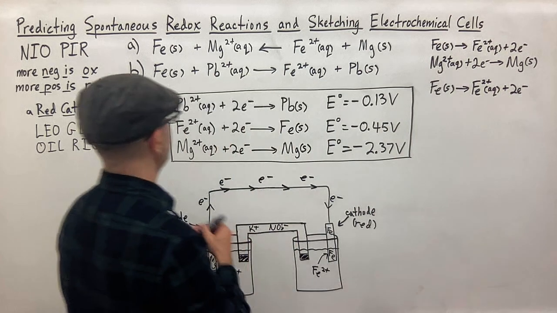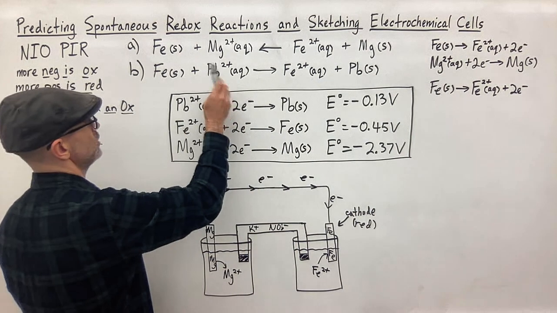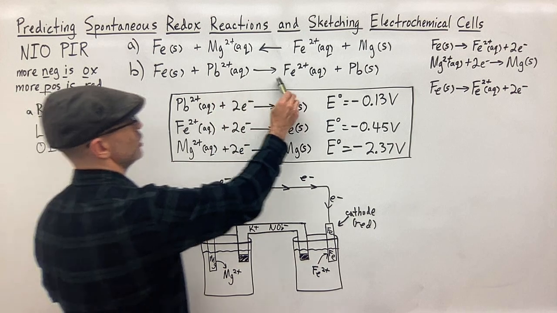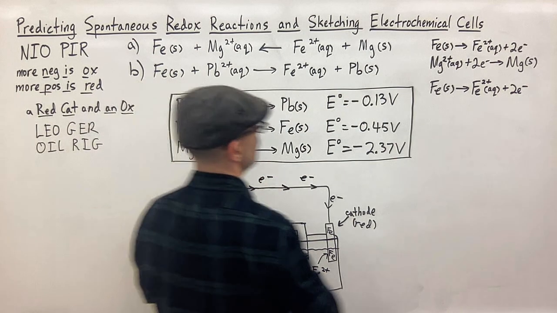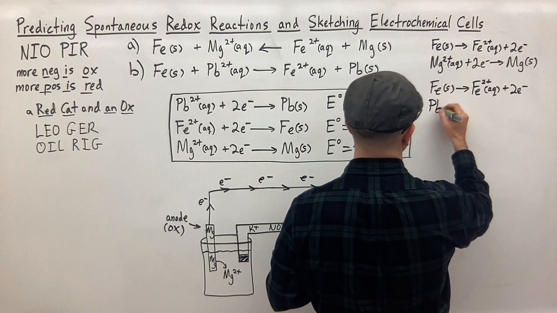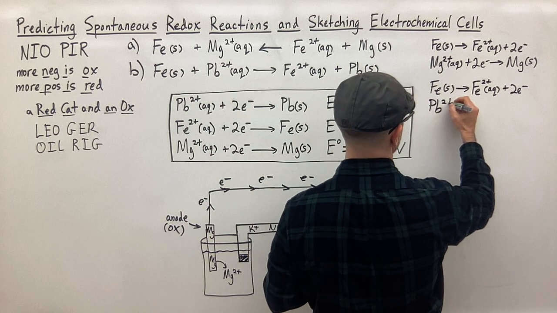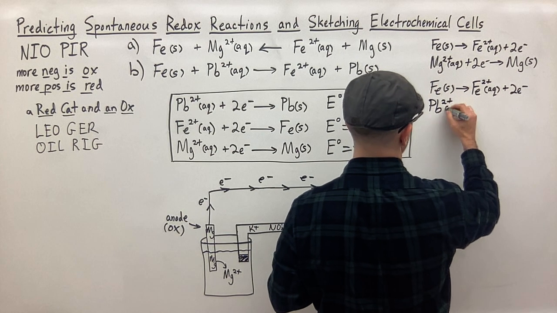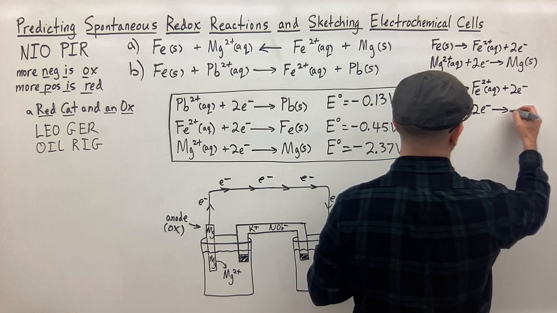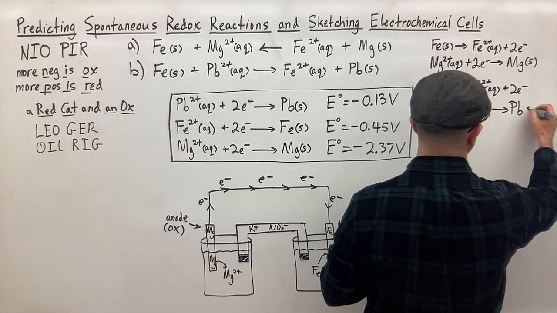And then for lead, it is going from Pb2+ aqueous to lead solid. So instead of magnesium now, we have Pb2+ aqueous plus 2 electrons going to lead solid.